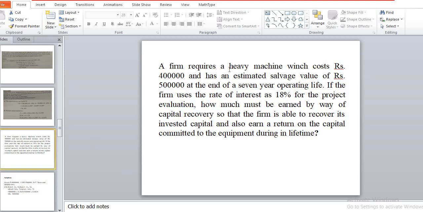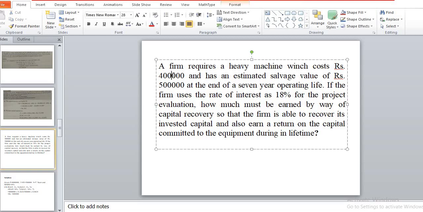it is given that a firm requires a heavy machine which costs rupees 40 lakh and has an estimated salvage value of rupees 5 lakh at the end of the 7th year of operating life.